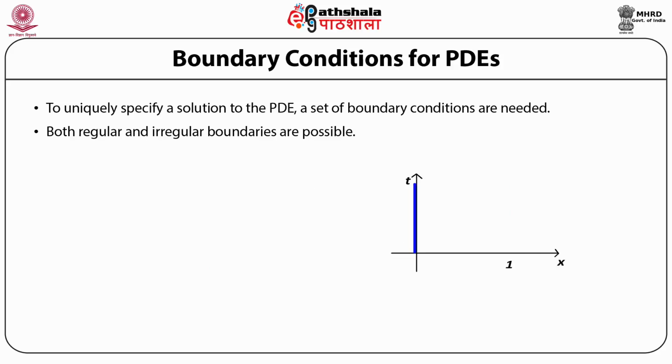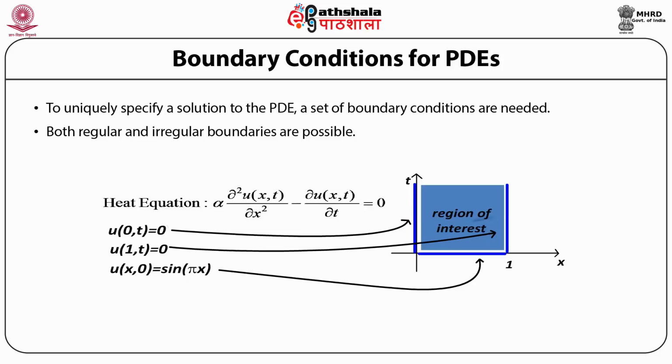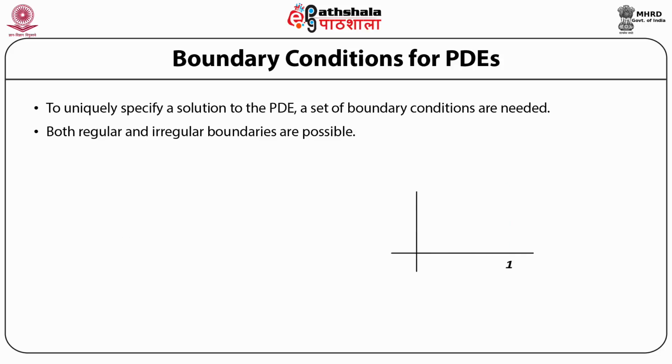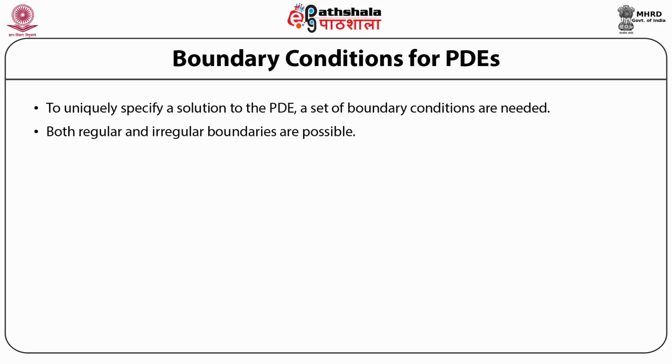That means if the temperature on the left boundary, irrespective of time, is 0, then you can write this. And this can happen only in an insulated condition. If your setup is not insulated, do not write u(0, t) = 0.